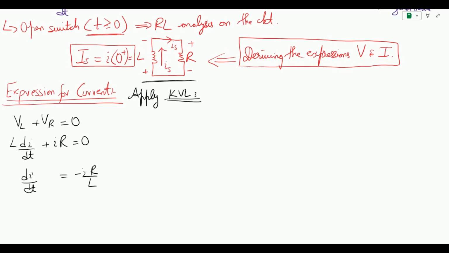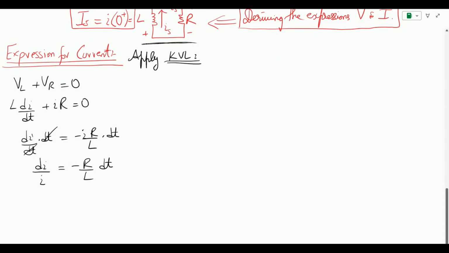Now in order to get rid of dt, I'm going to multiply it by dt on both sides, so it gets cancelled. Again, since I'm interested in finding currents, I'll bring I back to the denominator, and my expression will be di by I equals negative R by L into dt. Now we know that in order to find the current we need to integrate this equation.